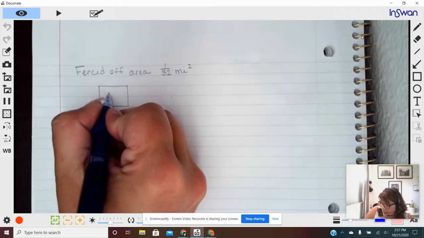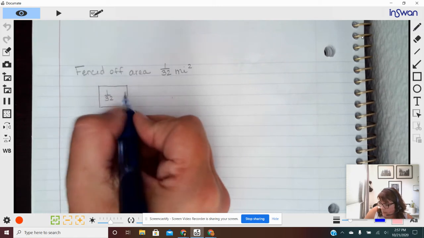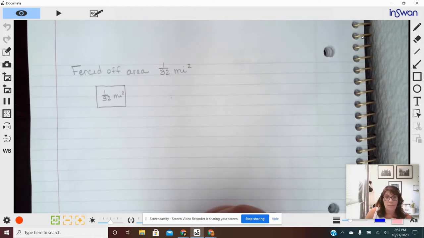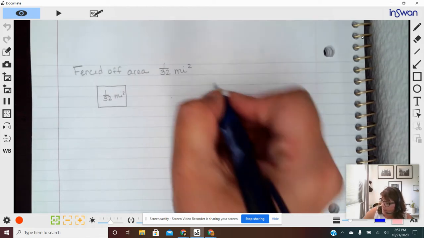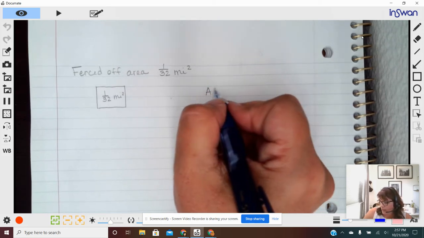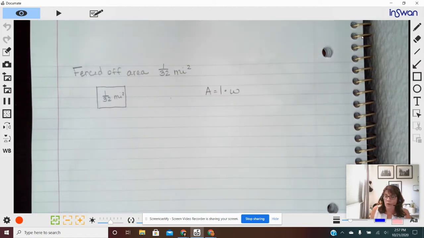So the area inside 1/32 of a square mile. And we know that area of a rectangle or a square is length times width. We already know that.